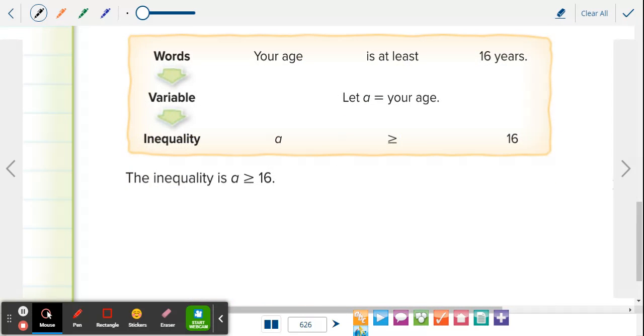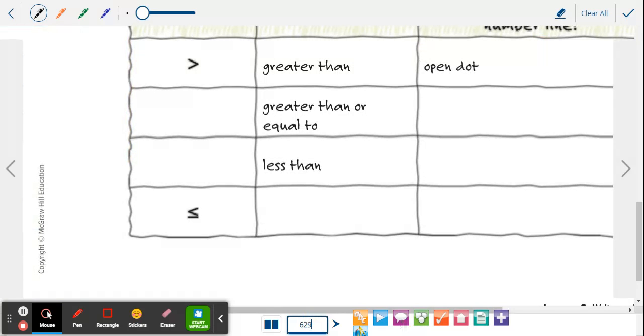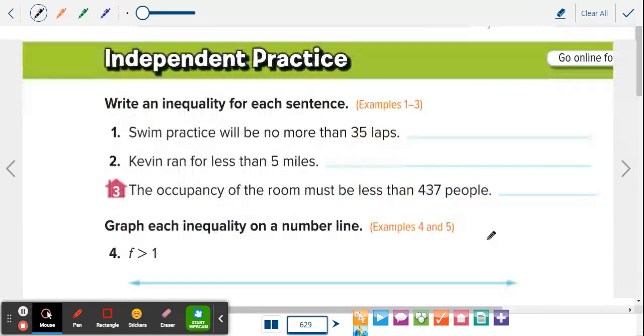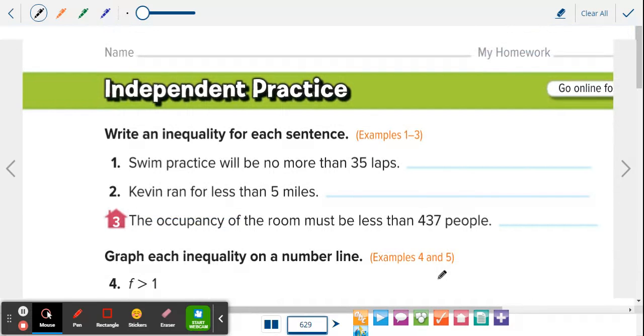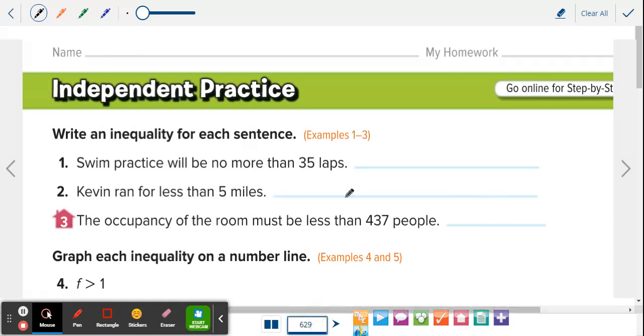Let's jump over to page 629. All we're doing is writing an inequality for this sentence. Number one, swim practice will be no more than 35 laps. Right there, no more than. Can we go over 35? No. We're maxed out at 35.